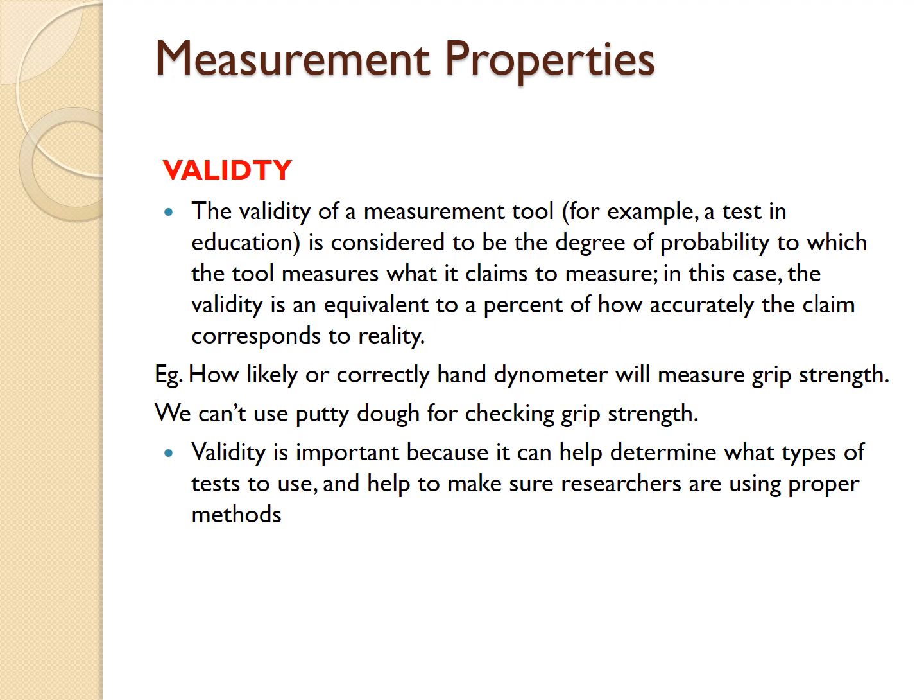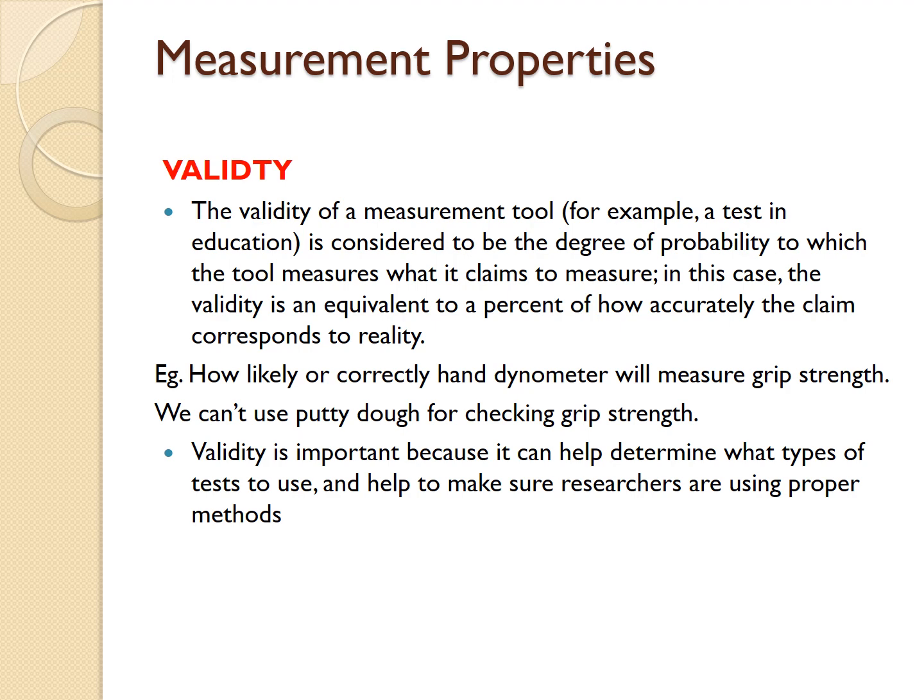So what about the validity? As we discussed earlier, validity is about how accurately we can measure what we want to measure, how accurately it predicts the measurement of interest. Validity is equivalent to how accurately we claim the measurement is correct.